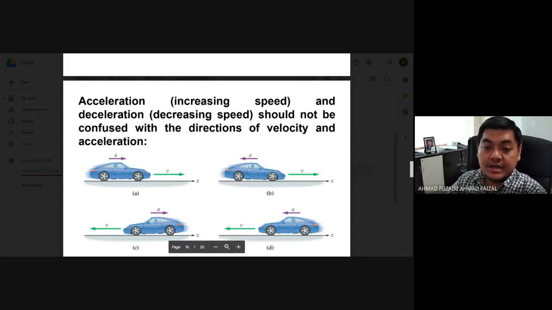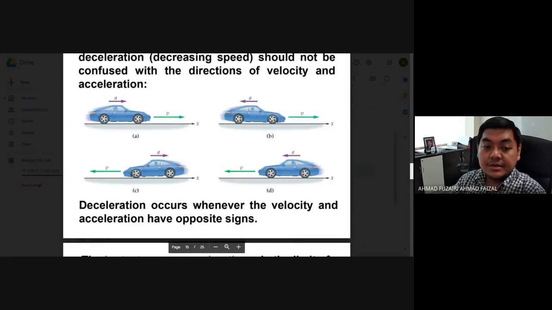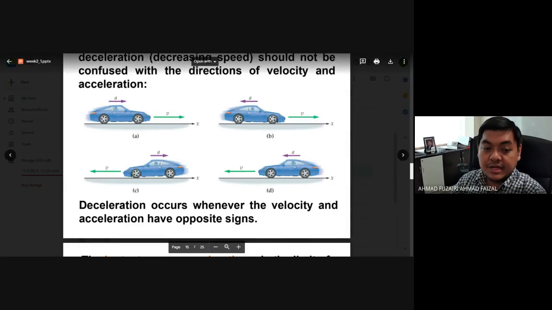The direction of velocity, for example, may still be going to the right, while we can have acceleration or deceleration, because acceleration and deceleration mean the object will only increase or decrease in speed. So deceleration occurs whenever the velocity and acceleration have opposite sign.